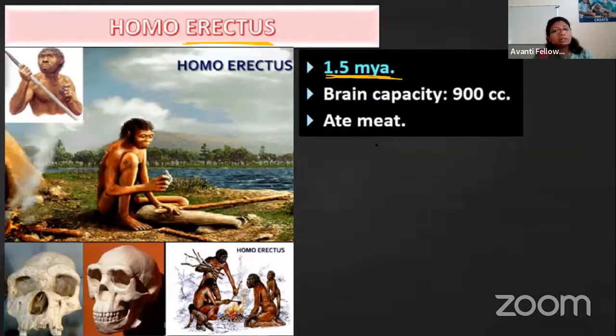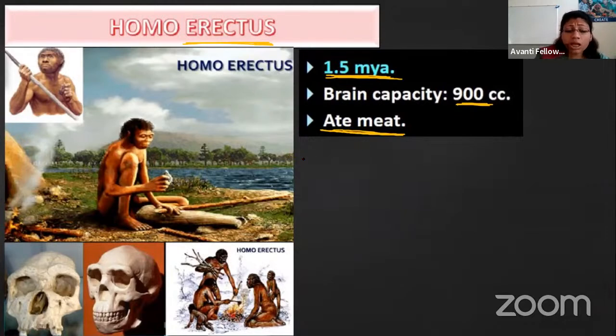The Homo habilis had a cranial capacity of 650 to 800, but here the brain capacity has increased up to 900.